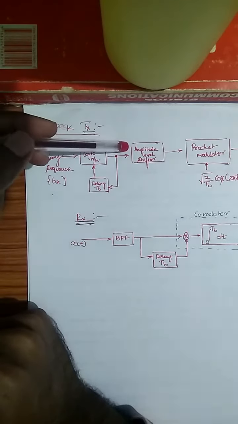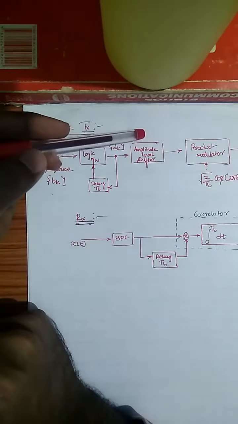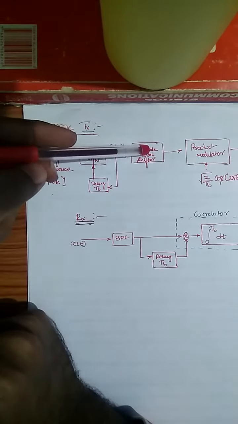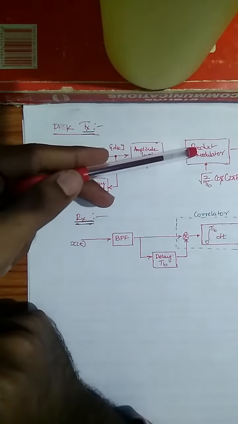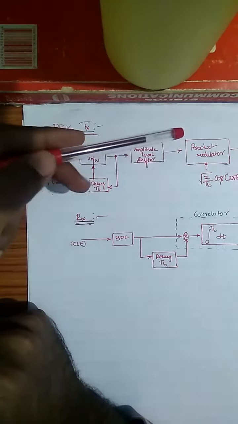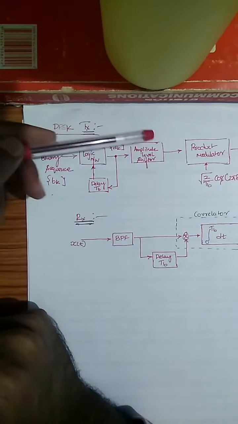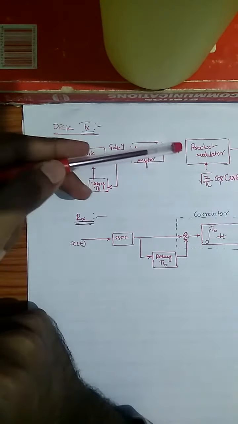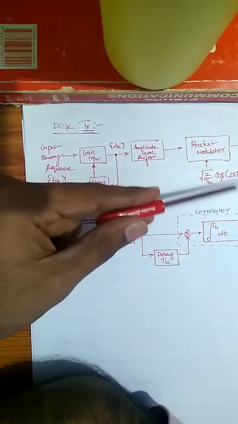Then that will be passed on to the amplitude level shifter, which just shifts the amplitude, and from there I have a product modulator wherein, depending on the differentially encoded bit stream, I get a DPSK modulated signal.